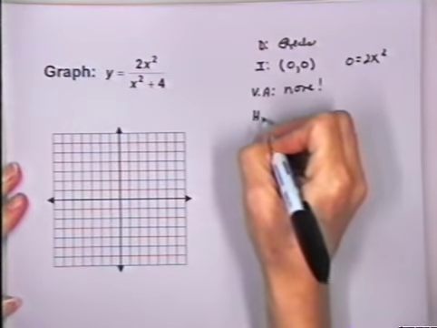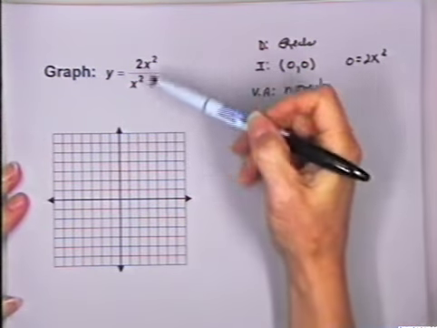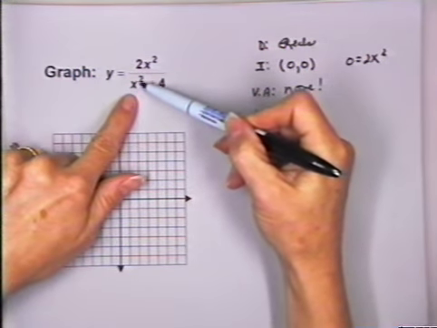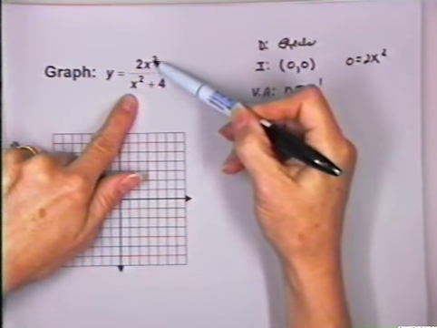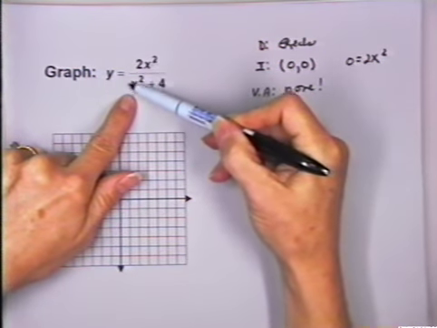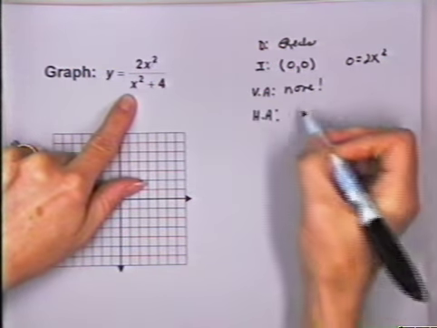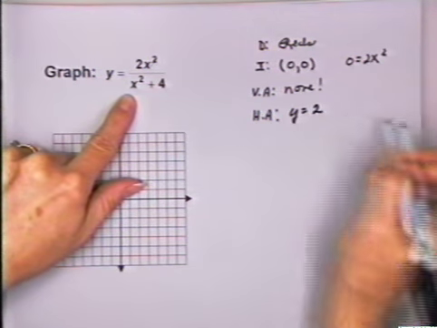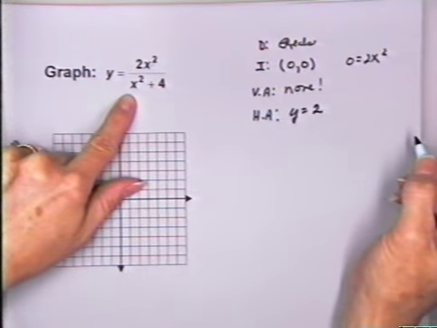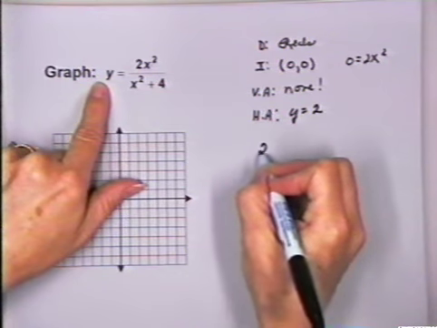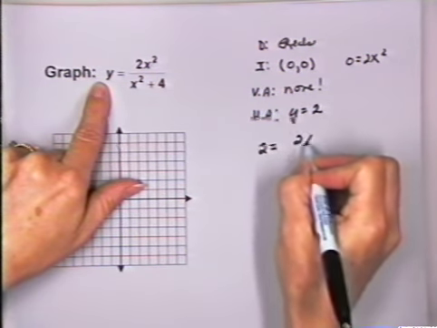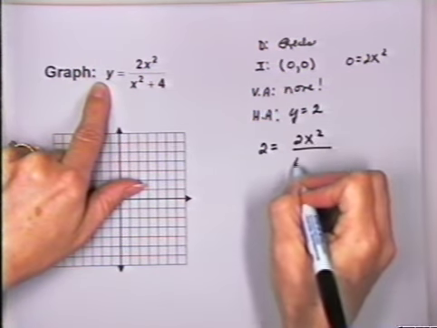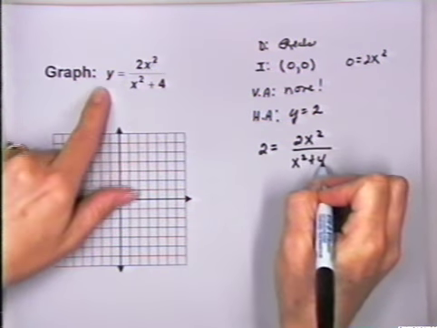What about a horizontal asymptote? Well, notice my largest power of x down here is x squared. I also have x squared up here. What are those coefficients? 2 and 1. So y equals 2 over 1. Y equals 2. Let's see if we cross that horizontal asymptote. If we let y be 2 in our equation, 2 equals 2x squared over x squared plus 4.